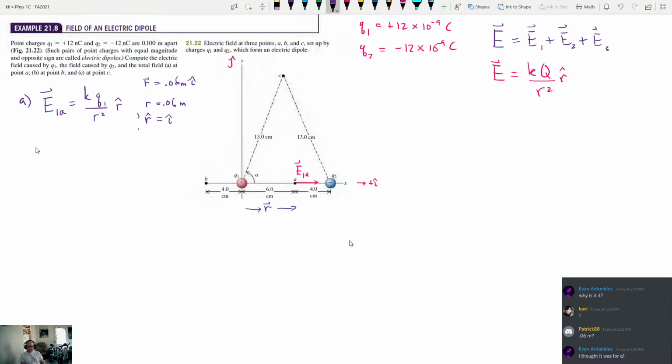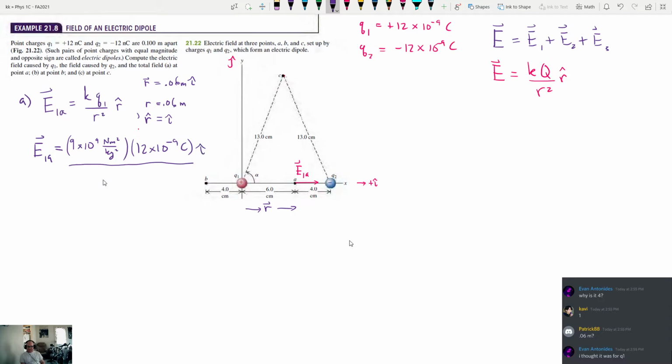Okay, so that means we plug everything in. We have E1A. This is equal to k, which is 9 times 10 to the 9, times q1, which is 12 times 10 to the negative 9. Nanocoulombs is kind of nice because this will cancel out with that. And then we divide by r, which is 0.06 meters, and we square it, and we throw an i hat in here because we said r hat was equal to i hat.